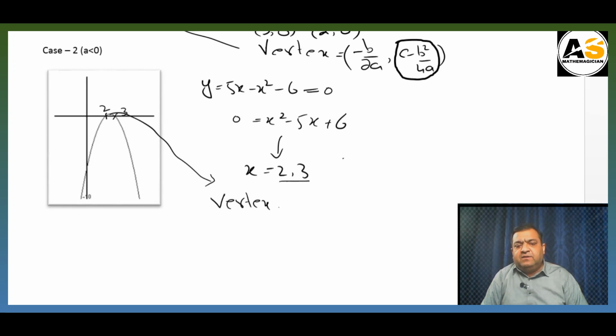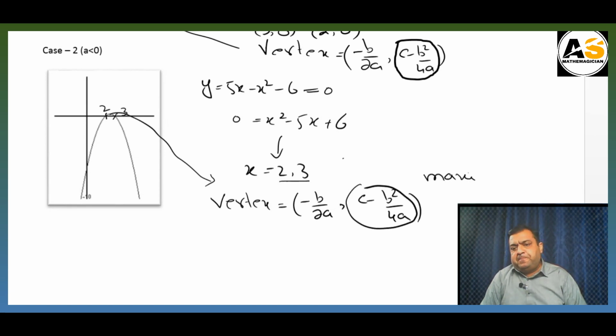Because a is negative, the value of -b/2a will be different, but to calculate the x-coordinate of the vertex we will use the same formula, and the same formula for the y value, which will be positive in this case, and this will be the maximum value now.